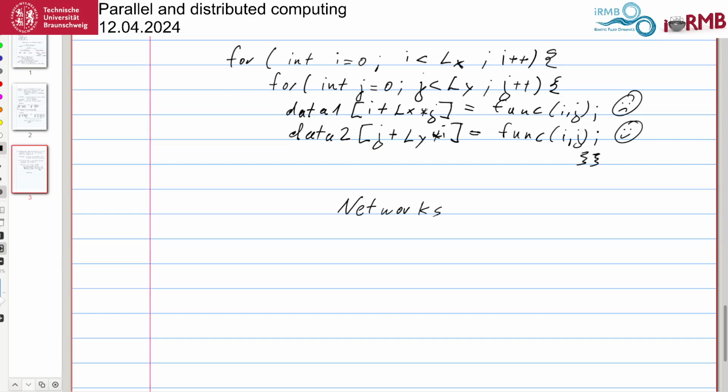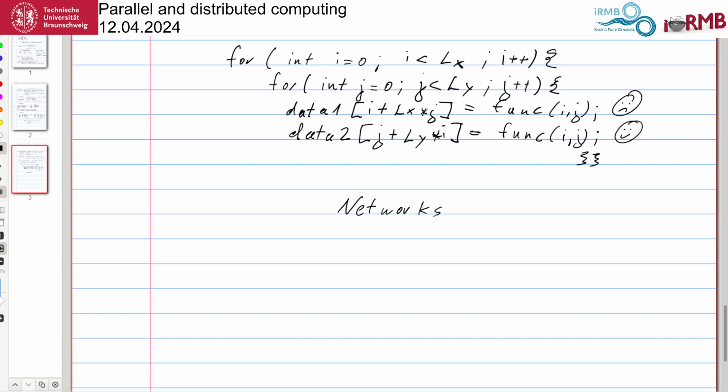Why is the second the fastest? Because it's internal. It does an entire loop over j before it increments I by one. Therefore j is continuous, and so this is a continuous increase, and this one would be jumping.